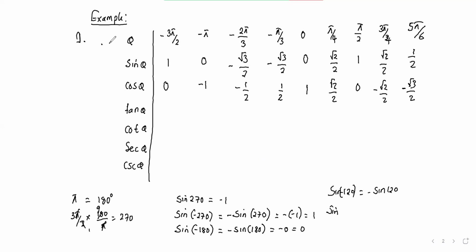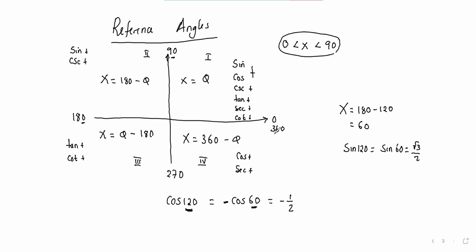Wait, there it's 135. You see? 135 on 3 pi over 4. I had 45, no, it's 135.